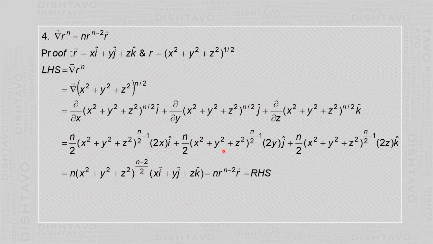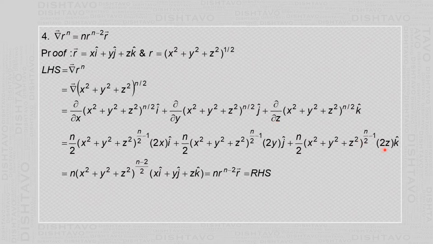Similarly, in the second term, you are finding the partial derivative with respect to y. So it is to be differentiated similar to the first term. But here, when you differentiate inside the bracket, the derivative of y square will become 2y, whereas the derivatives of x square and z square are 0. In the same way, in the third term, it is a partial derivative with respect to z.